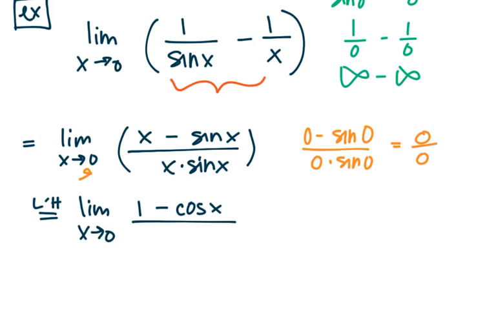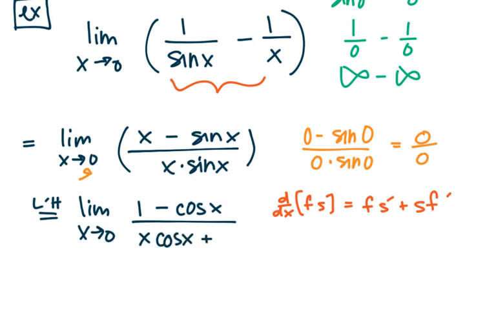Remembering that if we've got first times second and we are taking the derivative, that's first times second prime plus second times first prime. So this derivative would be x times the derivative of sine, which is cosine x, plus sine x times the derivative of x, which is 1. There's a little invisible 1 there, we don't need to write that.